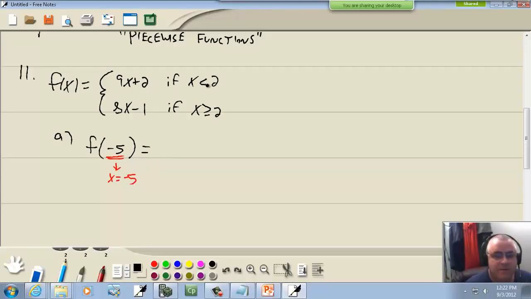You look first to your conditions over here, and you see where does that fall? Is negative 5 less than 2, or is negative 5 greater than or equal to 2? Well, it's less than 2. So I'm going to plug it into this first piece. So I'll take 9 times negative 5 plus 2. That gives us 9 times negative 5 is negative 45 plus 2, which gives us negative 43.